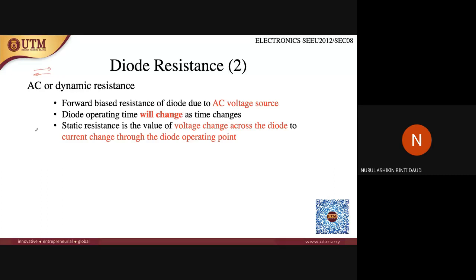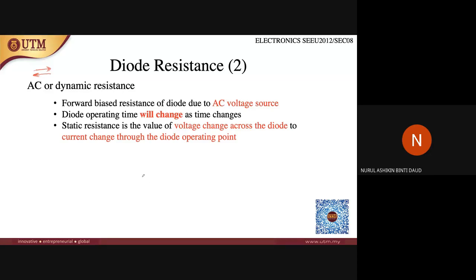At time T, the current might flow in this direction, and at T2, the current might flow in this direction. So the flow of the current depends on what time it is. That is why the charge will also be different according to time.